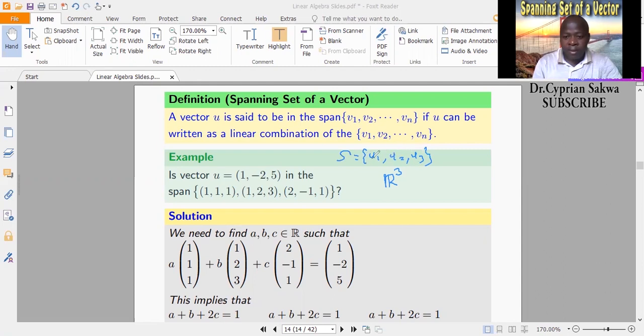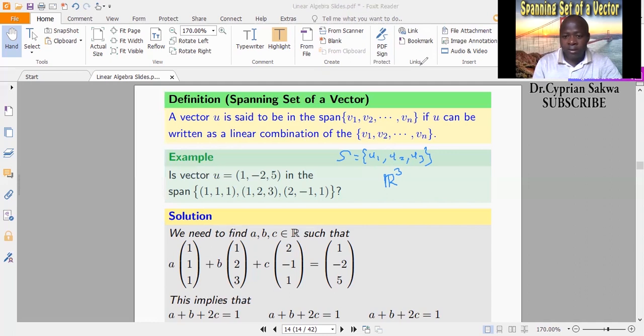If that happens, then we say that S spans R3. So S would span R3 if any vector chosen from R3 can be written as a linear combination of the vectors in S. That is what we looked at in our last video on the spanning set of a vector space.